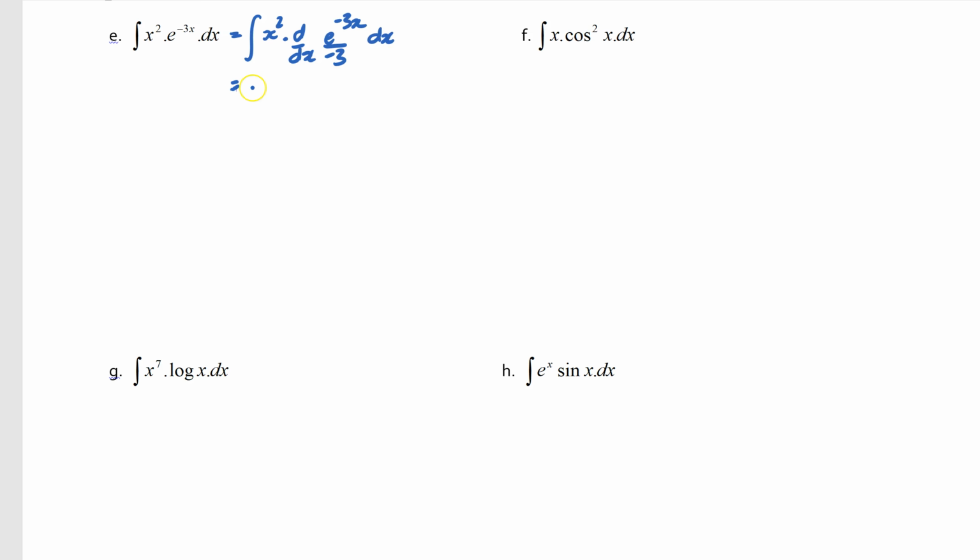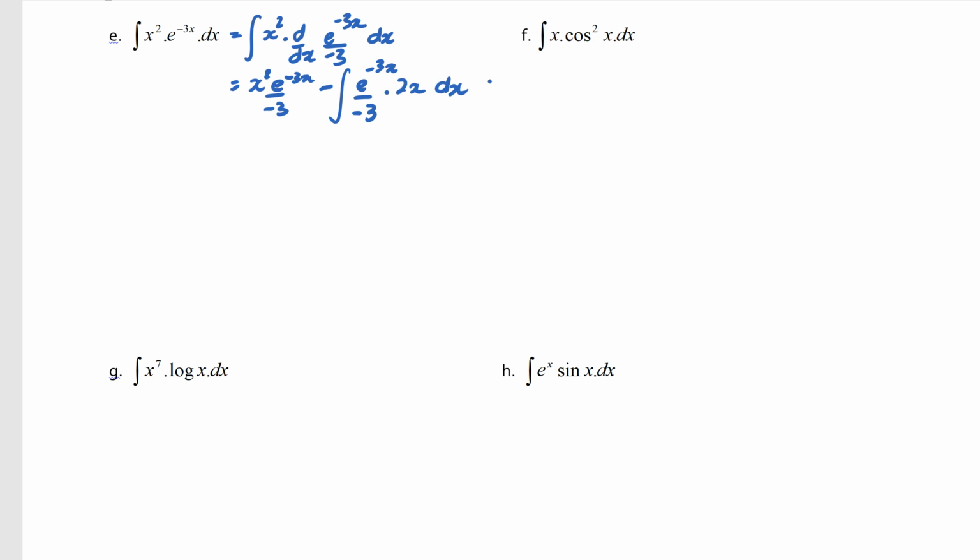So that will give me uv, which is x squared e to the minus 3x on minus 3, minus the integral of e to the minus 3x on minus 3 times the differential of this, which is 2x dx.